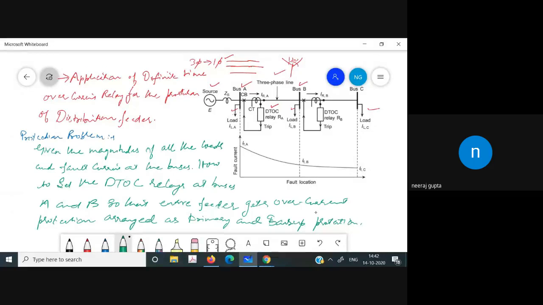So this is the protection problem that we have to solve.